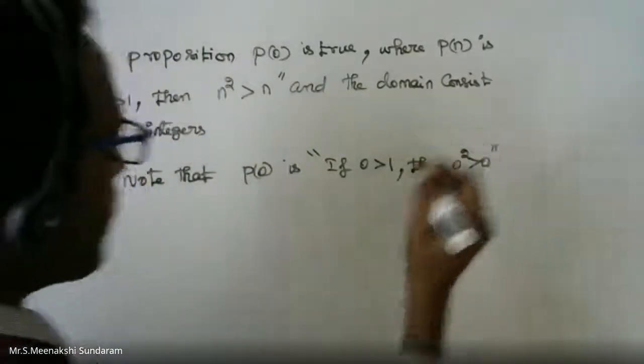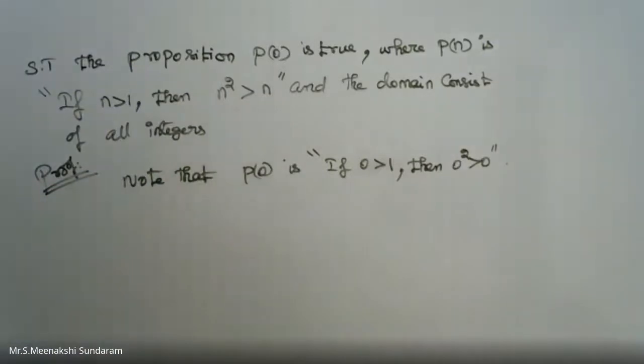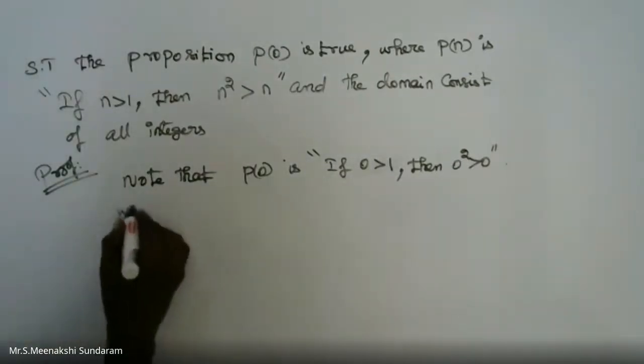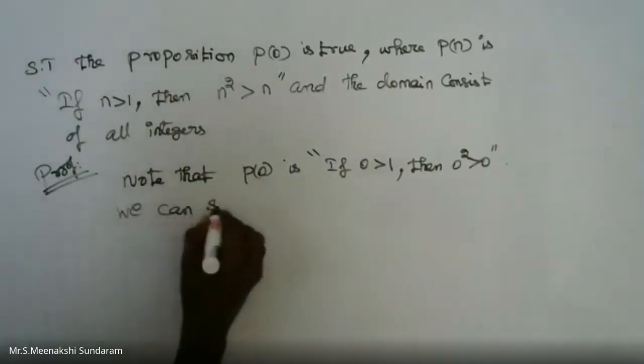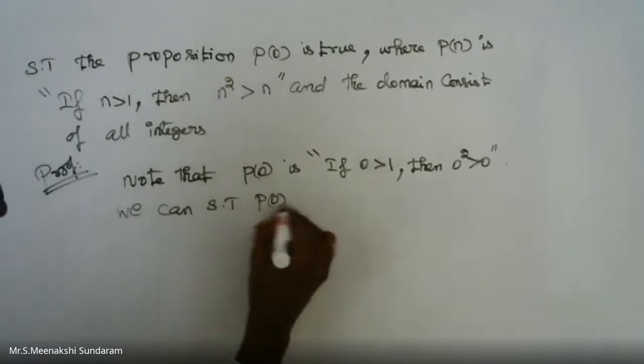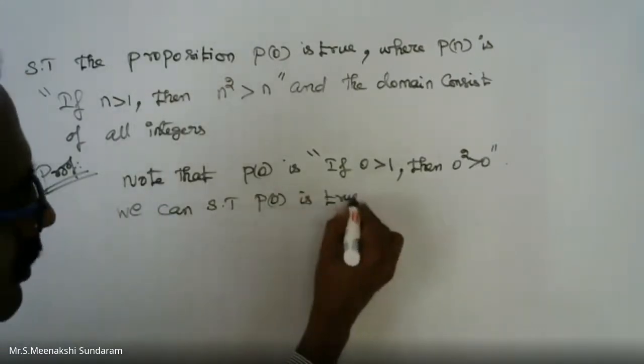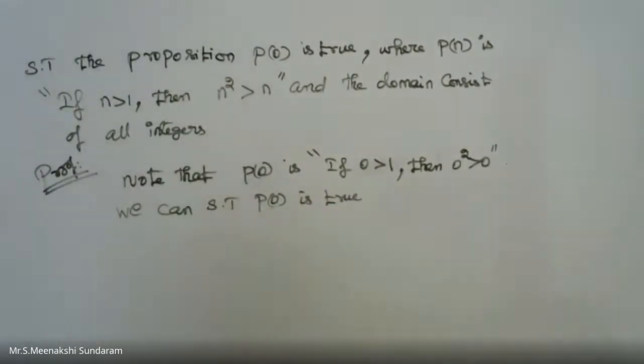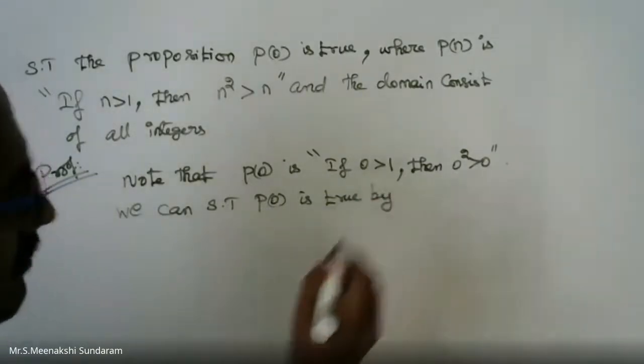Can I conclude this statement? What type of proof is this? We can show that P of 0 is true. How to prove this one? By what type of proof?